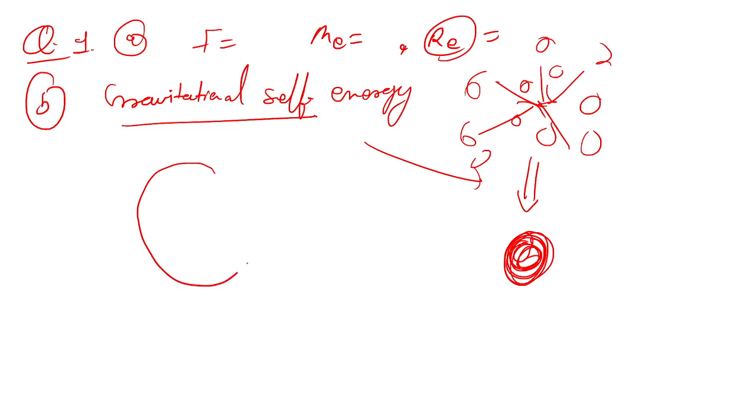Let's say here is your sphere. I don't know how much energy is required and how much work was done to assemble the particles with which it was formed. So I can easily assume that here is the center and here is a small solid sphere inside it. Let's say its radius is r.